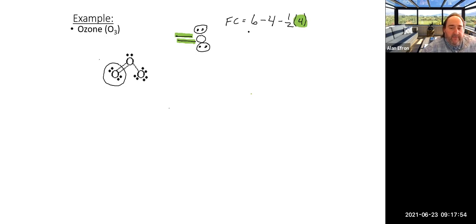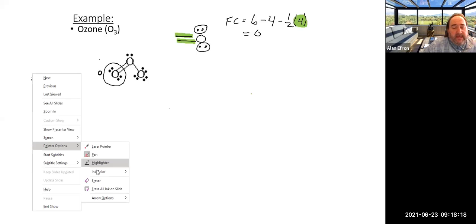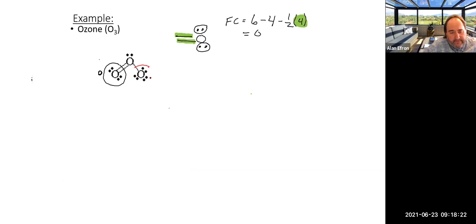That means the formal charge on this double bonded oxygen in ozone is 6 minus 4, which is 2, minus 1/2 of 4, which is 2, which is 0. So the overall formal charge for the double bonded oxygen is 0.